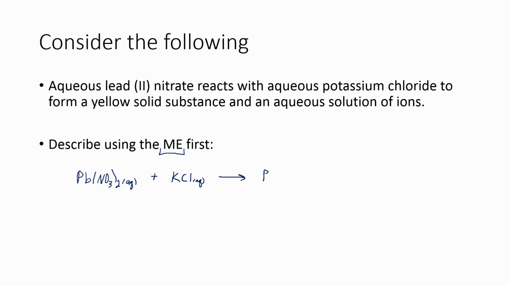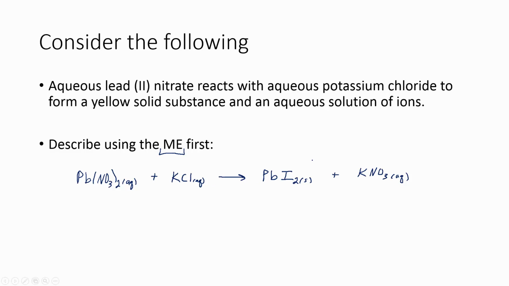Alright, so let's do what we did in the last section. Lead, iodine, +2 -1. Iodides are all soluble except for lead, silver, and mercury, so solid. And all nitrates are aqueous. And now we balance. Uh-oh, chloride.